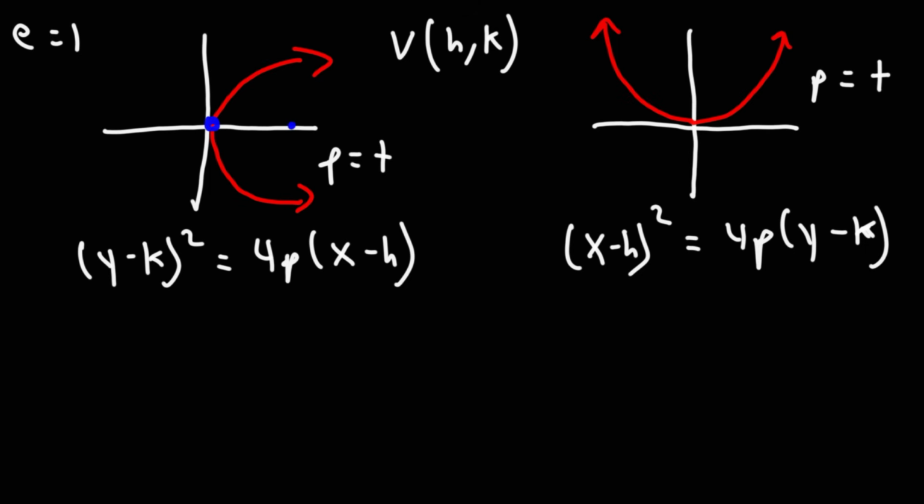The focal point, or the focus, it's always going to be in the direction where the parabola opens towards. So this is the focus, and this will be the focus as well. Now for a parabola, the focus is going to be p units away from the vertex.